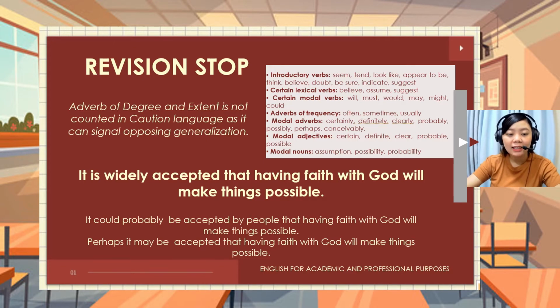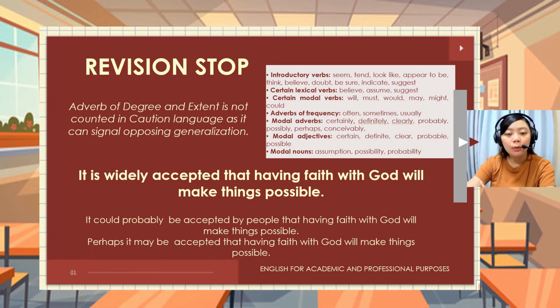Again, this sentence, "It is widely accepted that having faith in God will make things possible," is most definitely an example of objective language because of the "it" construction. It cannot be considered caution language because "widely" alone is just an adverb and not a modal adverb.